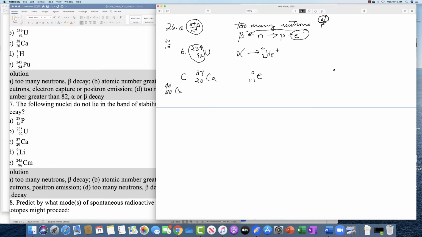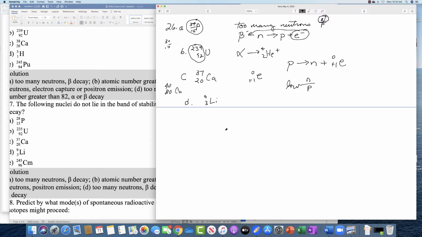So the proton is changed into a neutron plus the positron. Because in this case you need more neutrons, you want to convert to bring this ratio together. This was the high N/P ratio; this is when you have a low N/P ratio. So let's look at D.